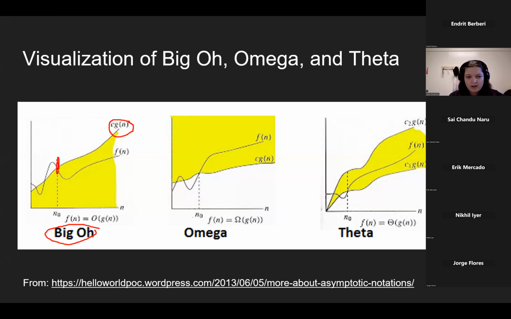Before n0, we have this unpredictable behavior that we're not entirely sure of, or it doesn't have a bound, or it doesn't just fall under g of n. So we set up this n0 as a starting point where we can actually measure and bind the growth rates. Is that clear?